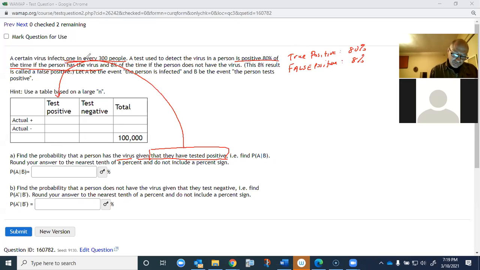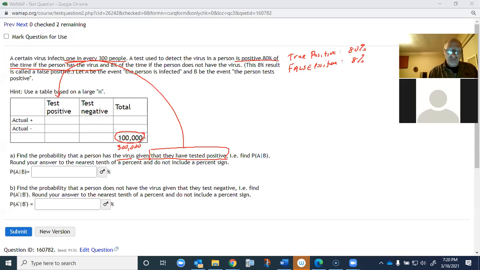if you have 1 in every 300 people, then I advise that you do not use 100,000, because 100,000 isn't a multiple of 300. If you get 1 in every 300 people, we'd rather use either 300 here, or 3,000, or 30,000, or 300,000 perhaps.